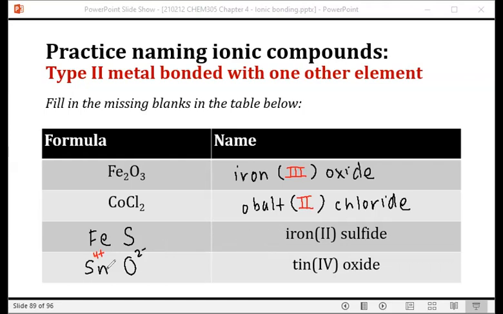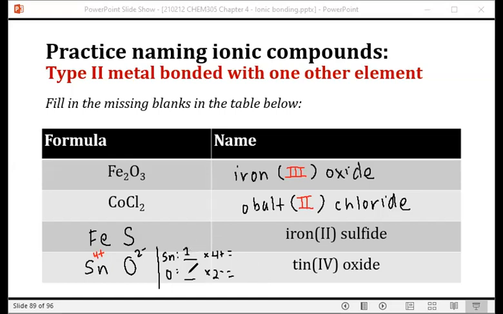To figure out how many of each of these atoms we need, to add any subscripts, we can do the math. So we have tin, however many atoms we need, times 4 plus, oxygen, however many atoms we need, times 2 minus.